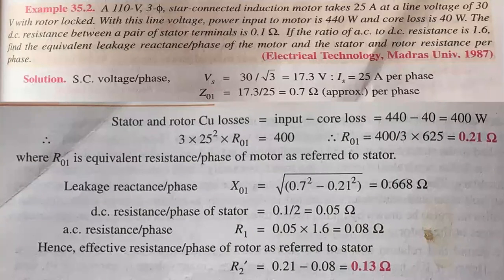After that, you will go to the construction of circle diagram, using the parameters we find in the no load test and blocked rotor test. So see the blocked rotor test problem first.